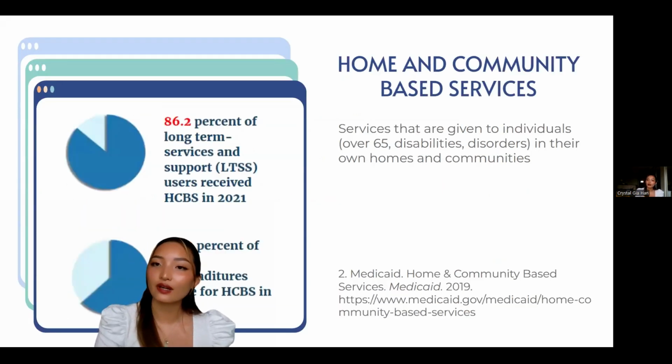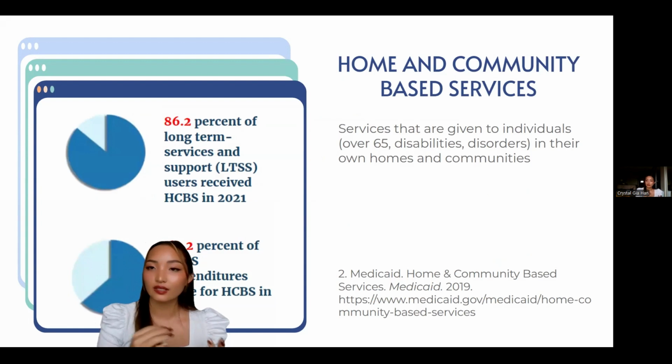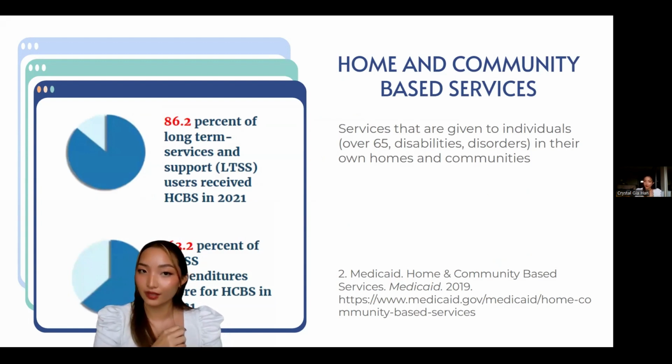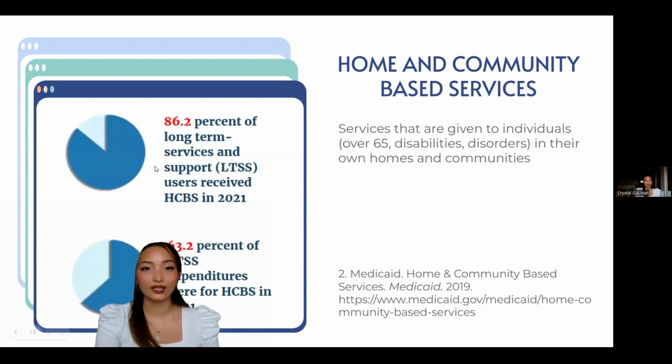Okay, and lastly, we have the home and community-based services. Home and community-based services are basically services given to those who are over the age of 65, have disabilities or disorders. Basically, they will be receiving services in their own home and communities. On the left right here, I have some data from the Medicaid website itself.